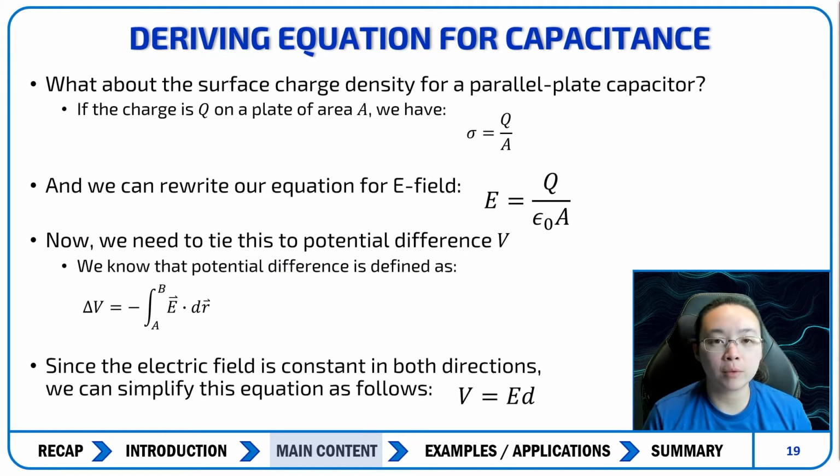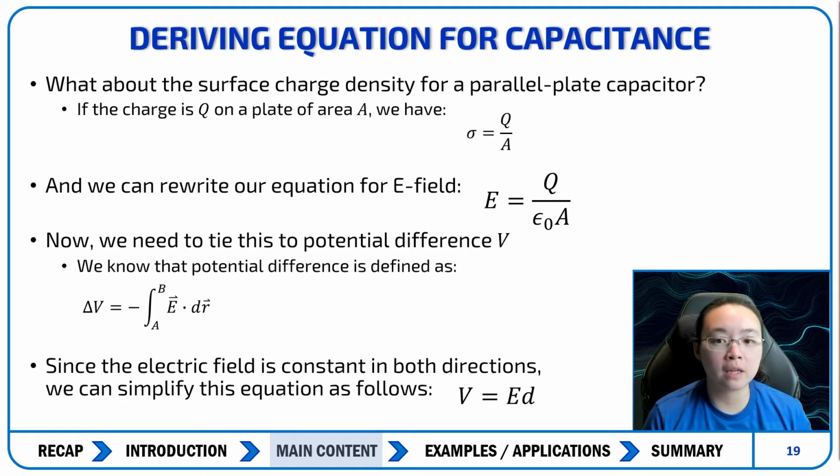So if we have a parallel plate capacitor, we still have conductors. And if the charge is Q on a plate with an area A, then the surface charge density is sigma equals Q over A. So that should be fairly intuitive to think about. After you have that, we can write our equation for the electric field. It's going to be E equals Q over epsilon naught times A for a conductor.